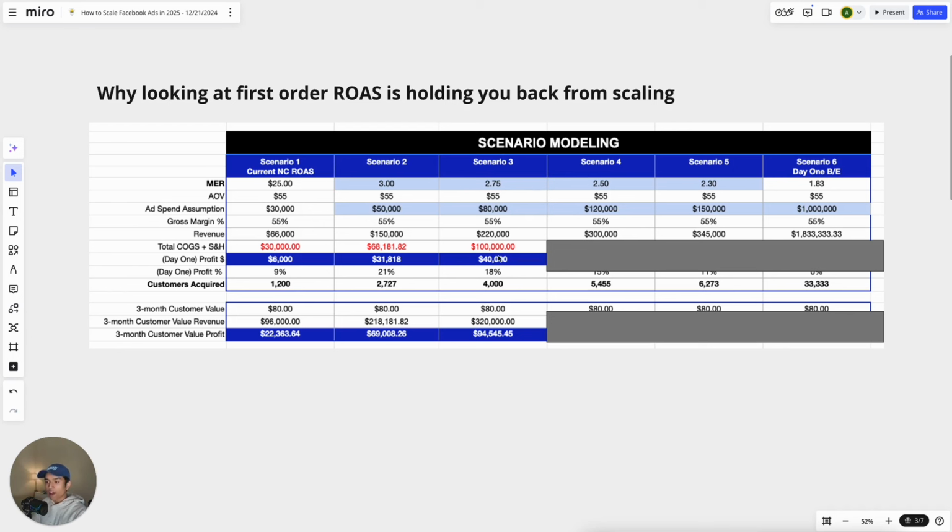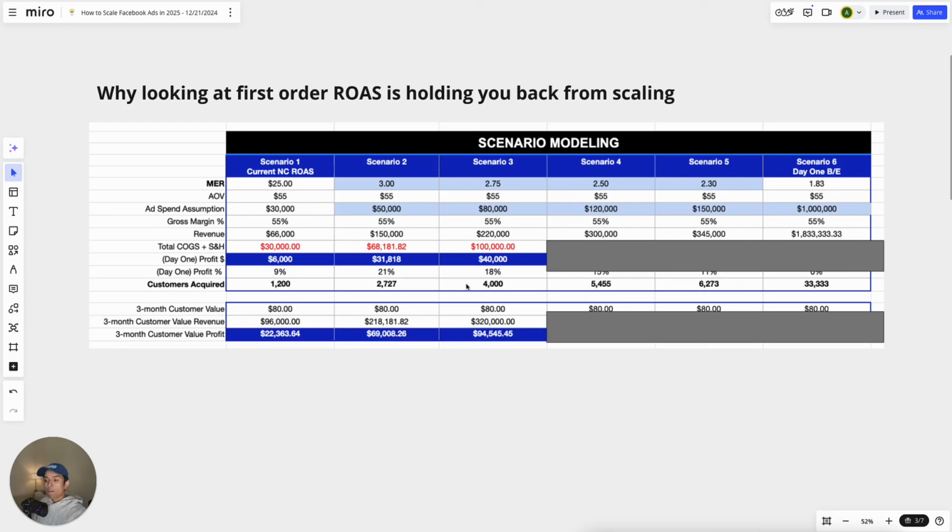And this is also excluding the incremental impact on LTV as we acquire more new customers. So at 3 MER and 50K in spend, we've got 2,700 customers. Again, this is a very rudimentary example. Those customers are going to come back and return, and then we can calculate, based on the 3-month customer LTV, how much more incremental profit those customers will generate over the long term.